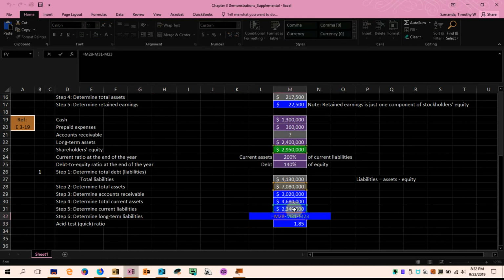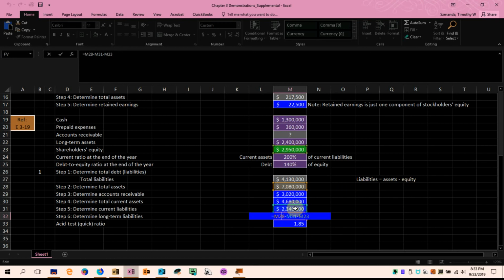And then next we determine the long-term liabilities. Now that we have the total current liabilities, I took the total assets and then I deducted the total current liabilities, and then I also deducted the shareholders' equity. And that leaves me with the long-term liabilities, again referring back to our assets equals liabilities plus equity, or liabilities equals assets minus equity.